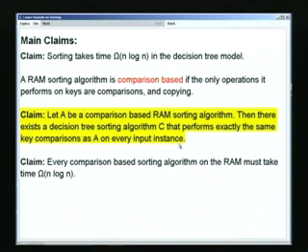We are going to prove this, and the proof is going to be constructive. We will assume that we have been given this algorithm A, which is a comparison based RAM sorting algorithm, and then using that we will construct a decision tree sorting algorithm C. And we have to make sure that C performs exactly the same key comparisons as A does on every input instance and also in the same sequence.